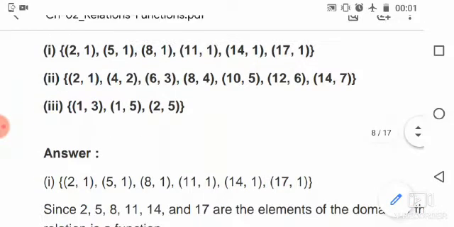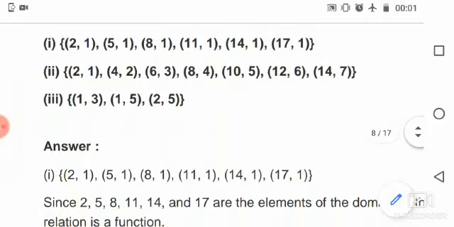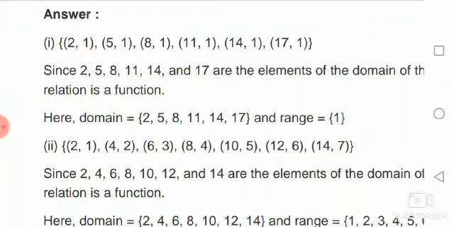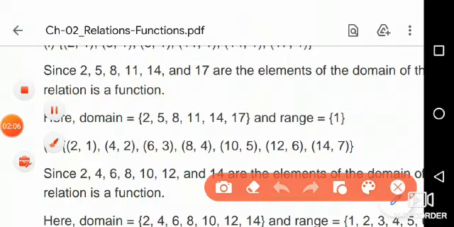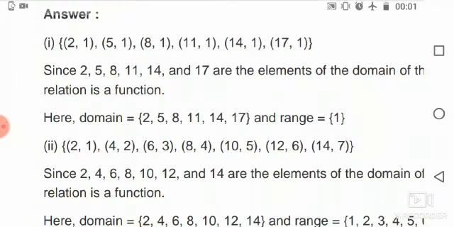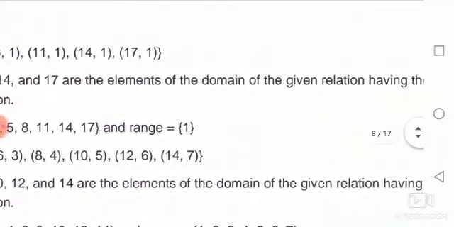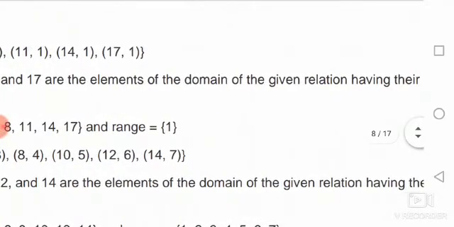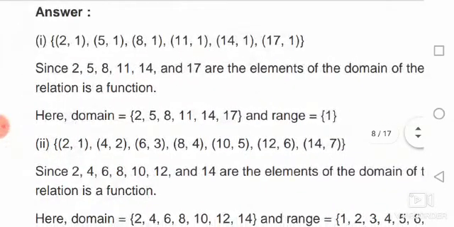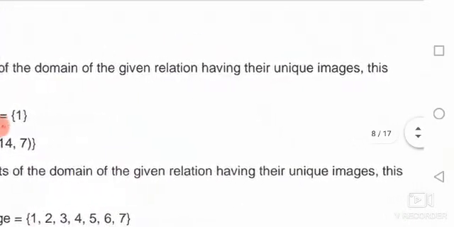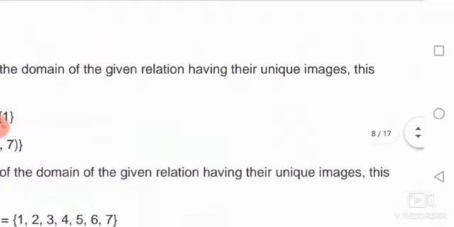In this case, 2, 5, 8, 11, 14 and 17 are the elements of the domain, because as we know, the first element of each ordered pair belongs to the first set, which is called the domain, and the second element is called the codomain.